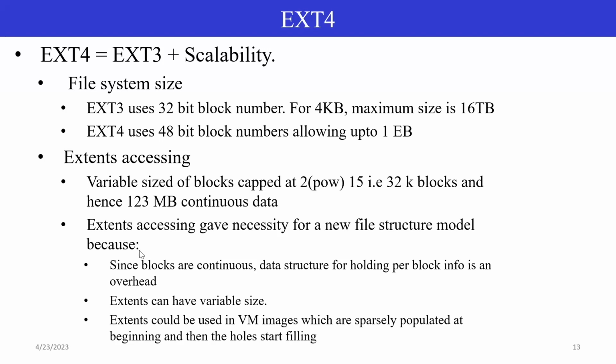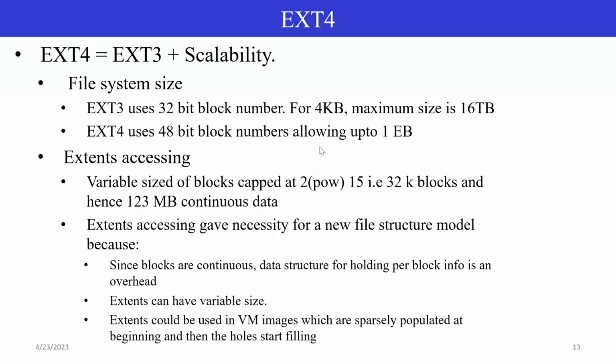Another important thing about EXT4: you'd say that just changing 32 to 48 does not really mandate a file system change, which is very valid. The main thing they did was change the accessing of the file system. Remember that picture where I showed you direct blocks, single indirect, all that stuff. They got rid of all of that and allowed for extents.